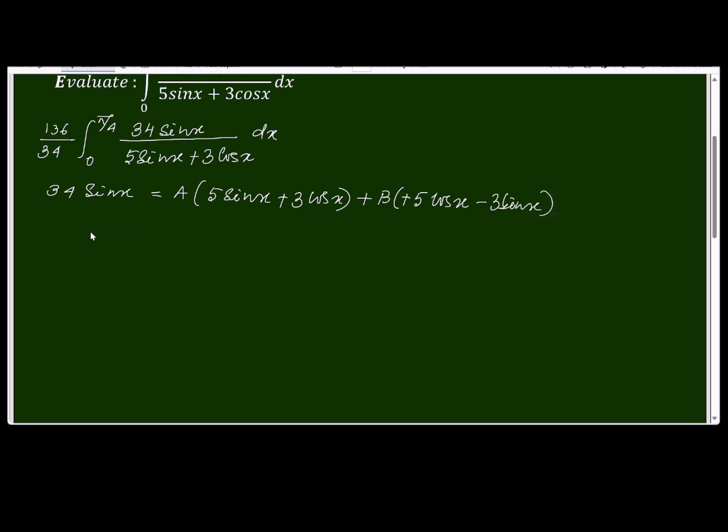In the next step, we'll compare the coefficients of sin x and cos x. So let's simplify this. So 5a sin x plus 3a cos x plus 5b cos x minus 3b sin x equals 34 sin x.